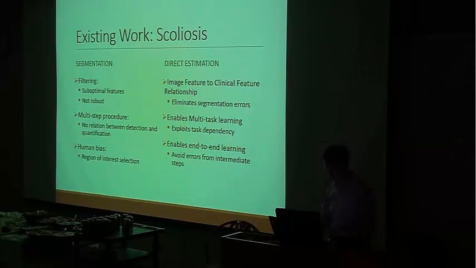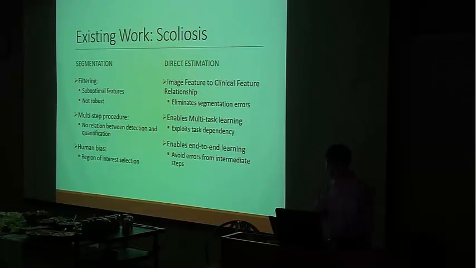So in our lab, we have worked a bit on direct estimation methods. The motivation is that you are essentially trying to learn the relationship between image features and clinical features directly, as well as enabling you to use multitask learning to exploit the task dependency between locating as well as measuring.